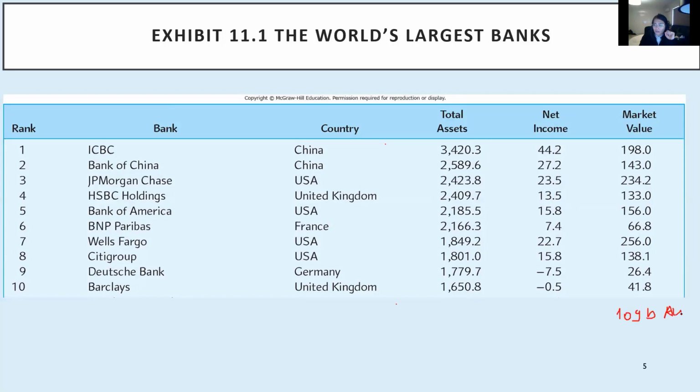That is around 69 billion USD. So these numbers are in USD as of 2016. Our Australian banks, even though we have a small banking sector in Australia, our big four are quite large on an international level.